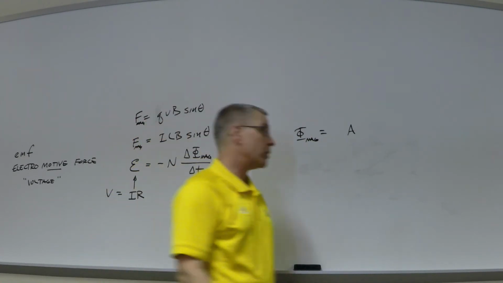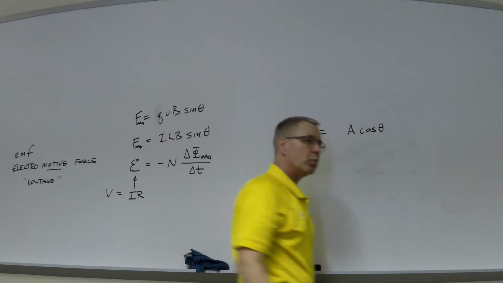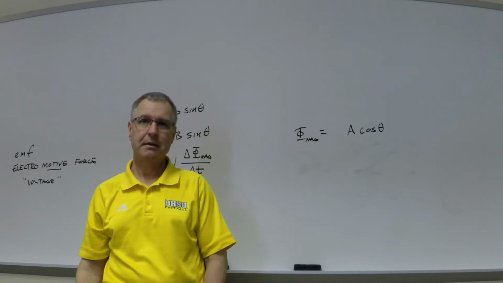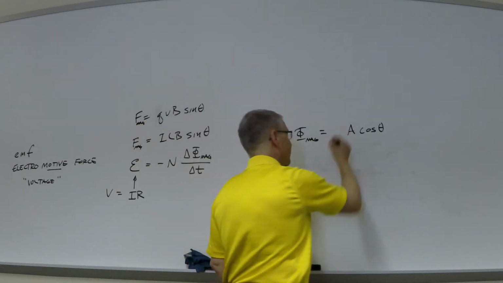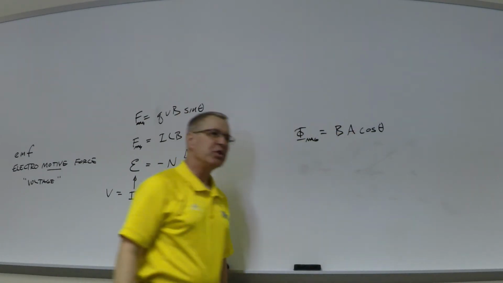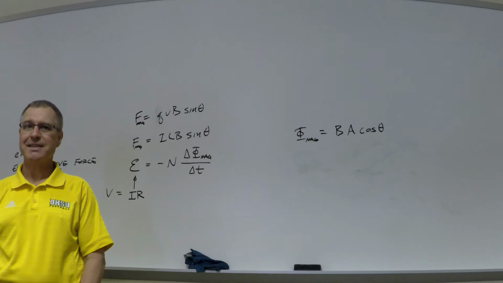I could change the orientation between the area and what? What's the other thing? The magnetic field. I know, we had a whole spring break. So I can change the strength of the magnetic field in the loop. As long as that strength is in the process of changing, I'll get a current.